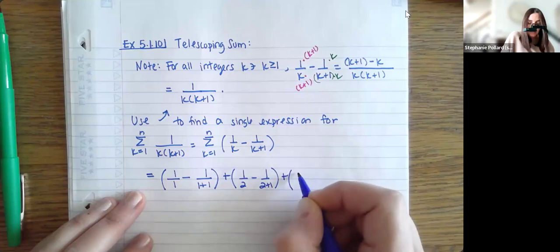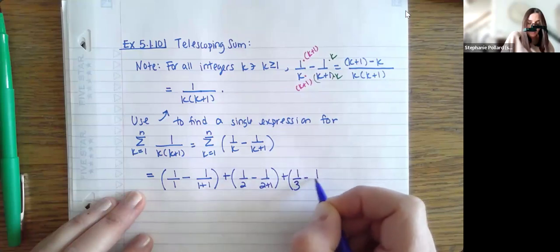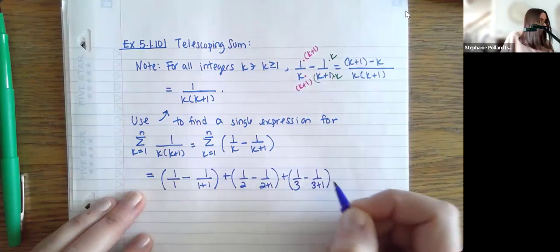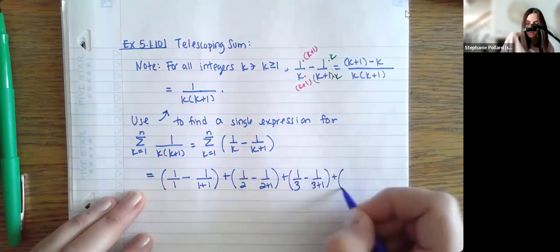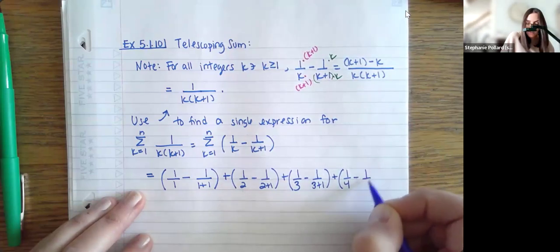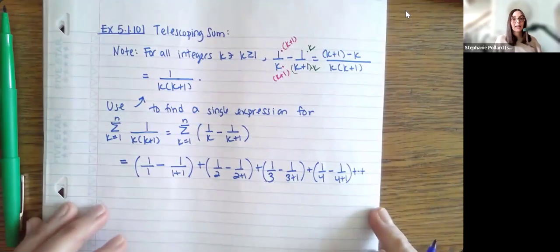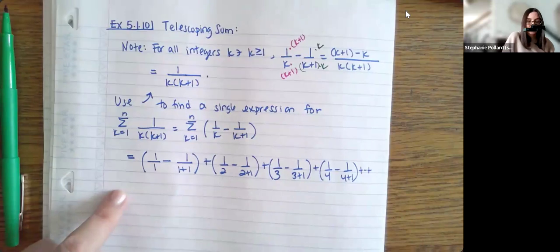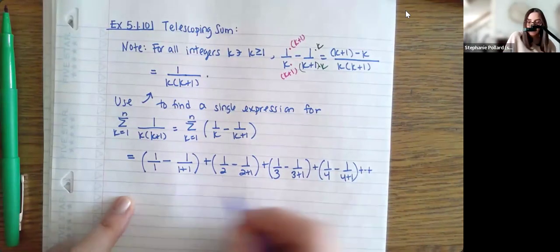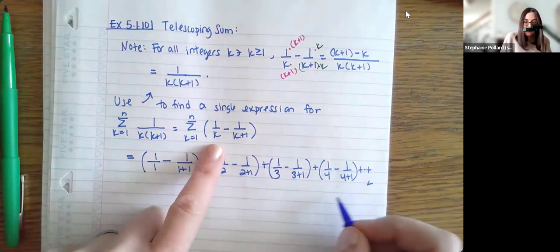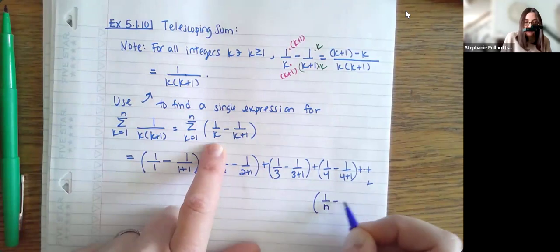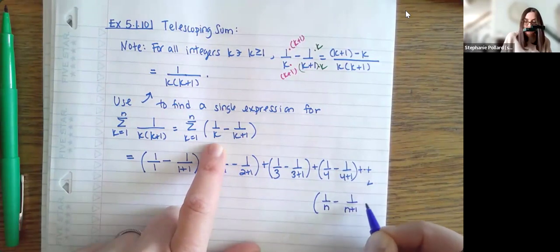I'm going to plug in 3, 1 over 3 minus 1 over 3 plus 1. I'm going to plug in 4, so 1 over 4 minus 1 over 4 plus 1. And then I'm going to finish by plugging in n, and I get 1 over n minus 1 over n plus 1.